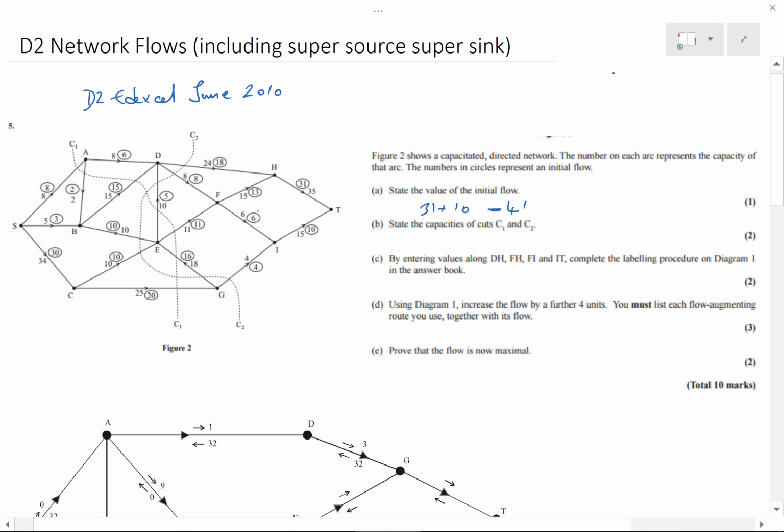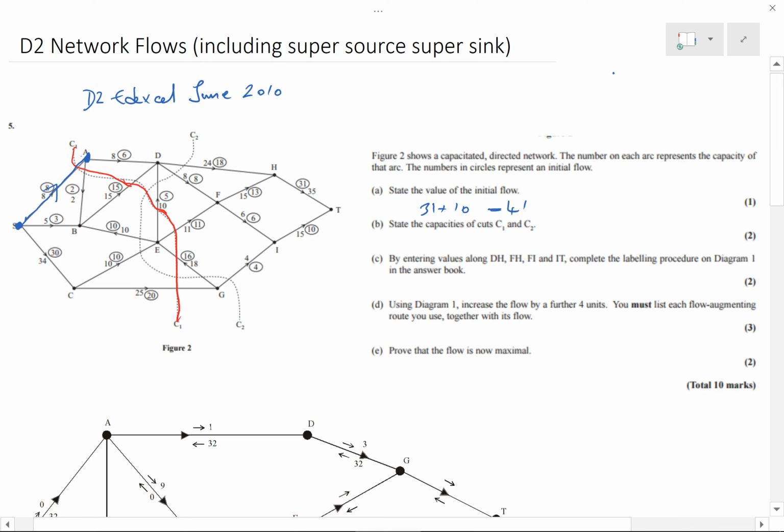Right, now we're talking about capacities of cuts. First of all, look at the capacity of cut C1. Now when there are two cuts on the same diagram, you have to be quite careful that you don't swap between one and the other. In order for it to be a cut, it needs to go from source to sink to contribute to the value. So it needs to start off with S on one side of the arc, with the sink on the other side.